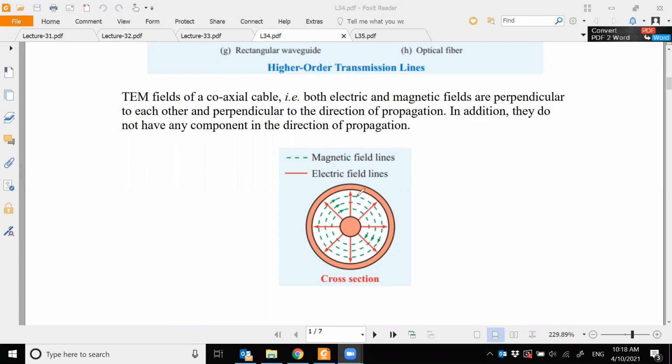But together, they are perpendicular to each other. So this is in the rho direction, this is in the phi direction, and they are traveling towards the Z direction. So the complete energy is carried by our electric field and magnetic field. So this is how the coaxial cable electromagnetic theory looks like.